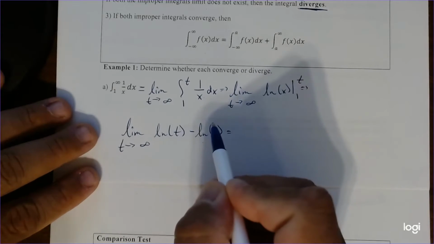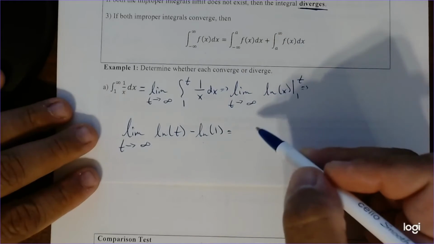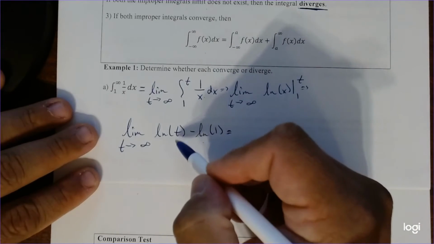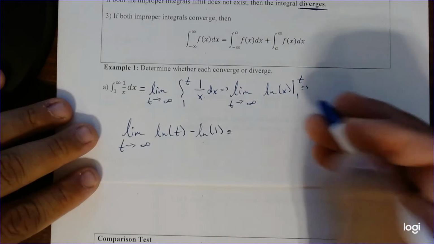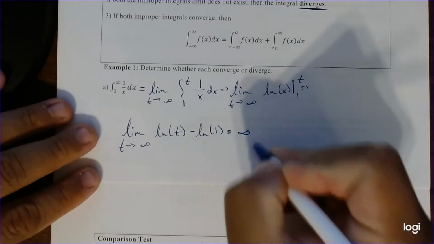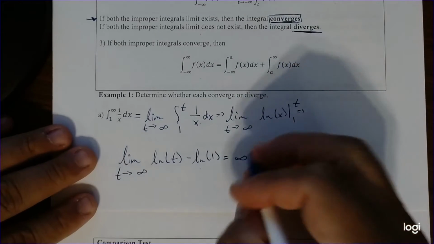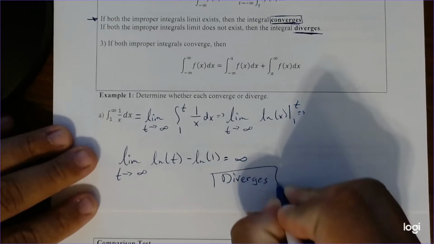It doesn't go to an actual number. If you plug natural log of 5,000 into a calculator, you get a number, maybe not very big, and if you plug in 10,000, it gets even bigger. It's still growing and growing. So this essentially goes to infinity, and therefore this whole integral diverges. Just like that.